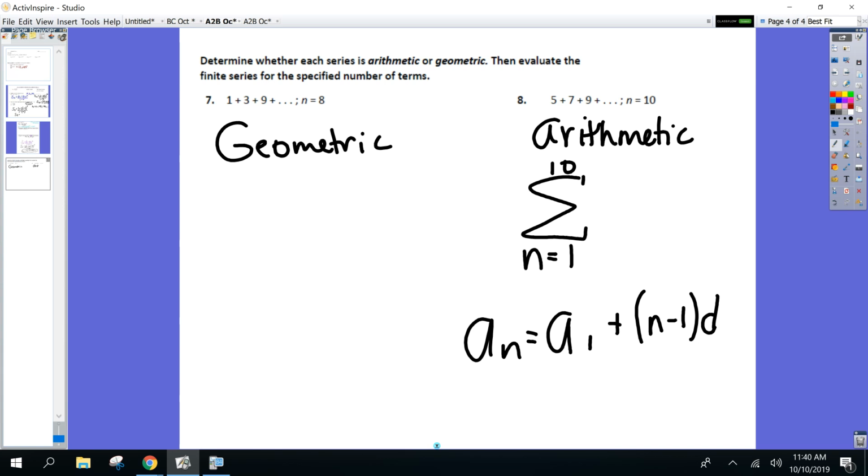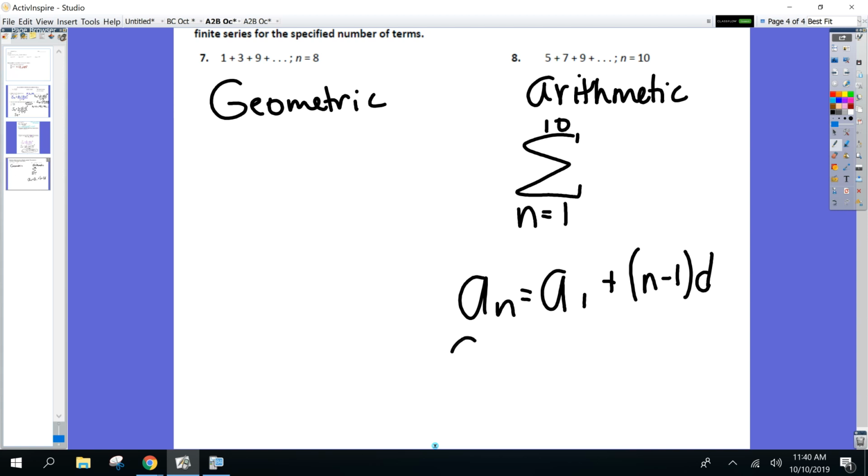Okay, help me fill it in. You're finding the equation for the nth term. So n stays n. What do you got, Jenna? I got 5. So hold on. A sub n, because I'm not changing that. Go ahead. A1 equals 5 plus, in parentheses, n. N stays n. And then d value? D is 2.